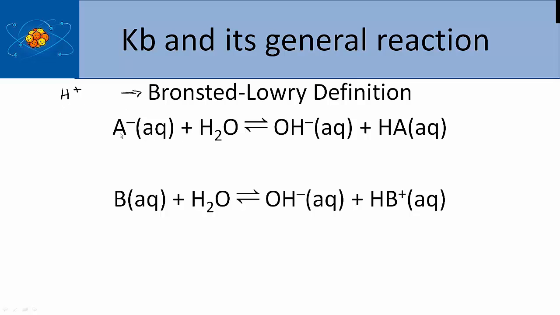So let's say we have the conjugate base of a weak acid. It's going to have a negative charge. It's going to accept a hydrogen ion from the water molecule. This leaves water in the form of hydroxide. That's where we get our elevated pH in the basic solution. And we get the acid of the conjugate base.